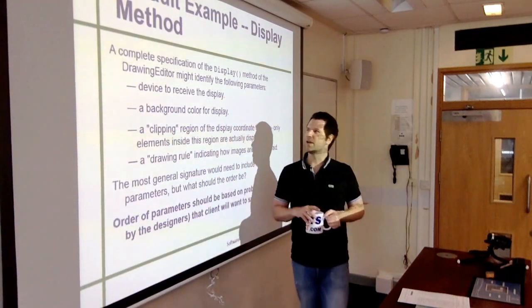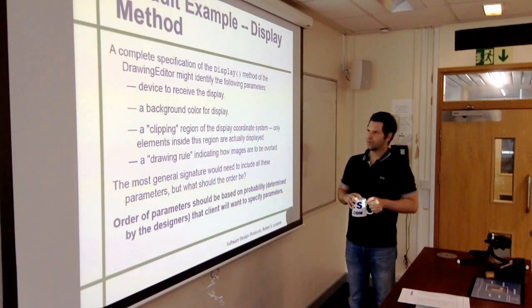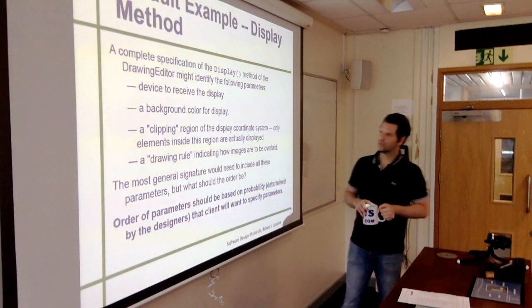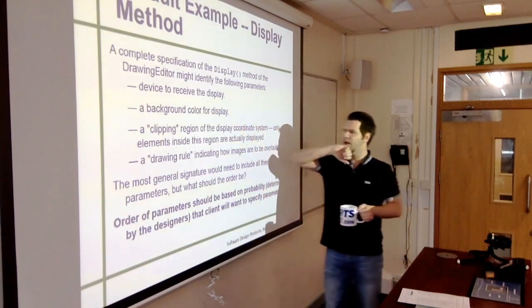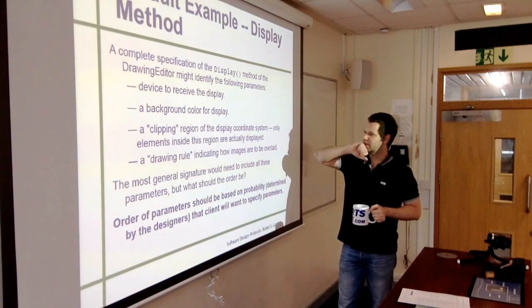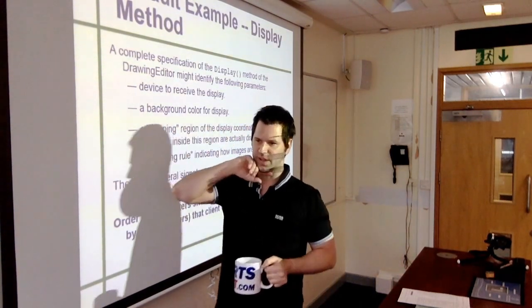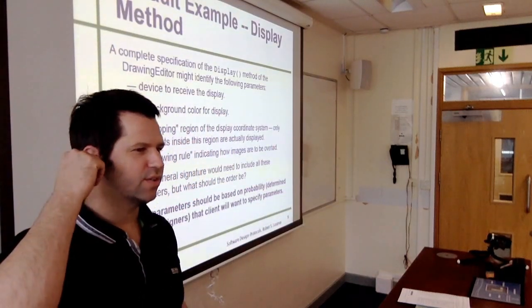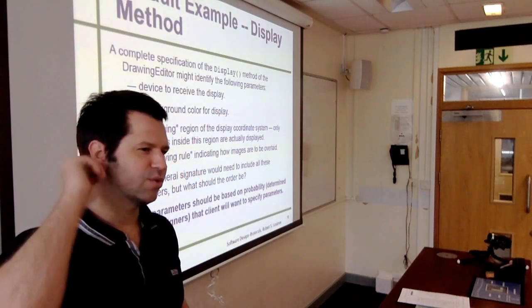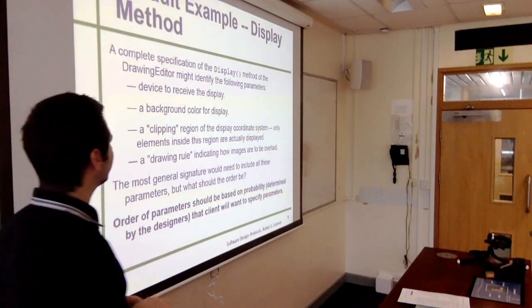In the display example, maybe the device to receive the display might be the most popular, or the background color. I guess the background color might be the most popular specification, but actually there's one that's going to stand out as clearly the most popular set of input parameters.